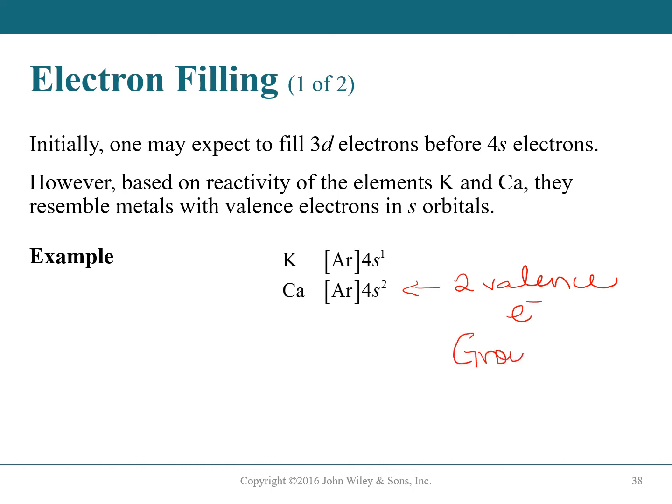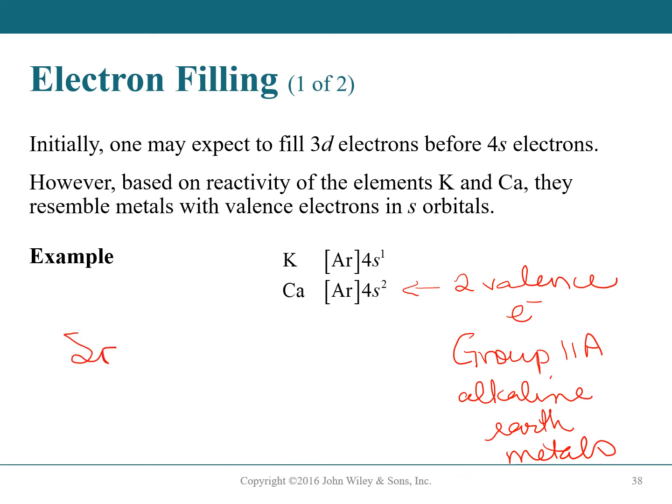It's in group 2A, the alkaline earth metals. What's interesting then, if I said, well, what about strontium? Didn't we do strontium? And we did strontium. We said, oh, isn't that krypton 5s2? Again, it's in group 2A.